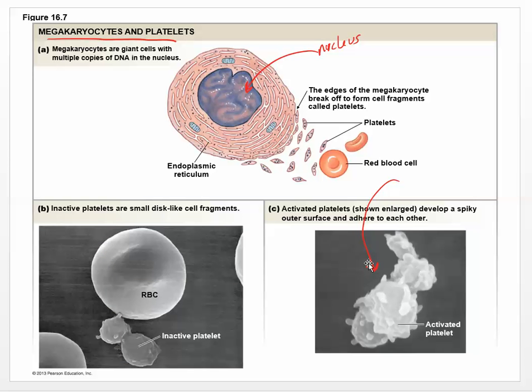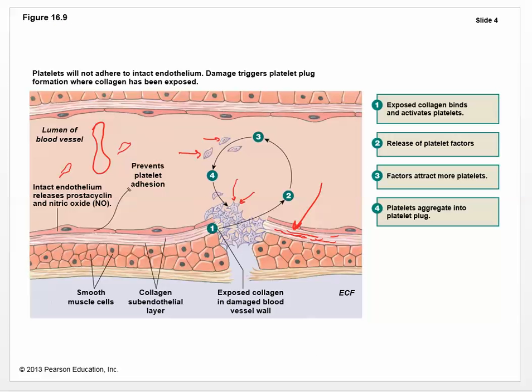They take on this other appearance that makes them more sticky. So it actually changes their morphology, and it also activates some other binding features, and they will then start to stick together and to the collagen and everything else, including each other, and they'll start to form a plug, or a platelet plug.